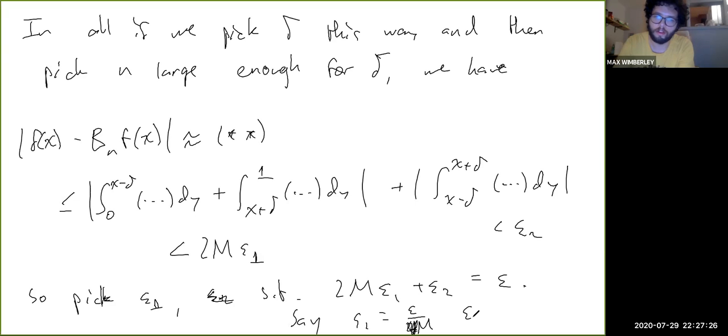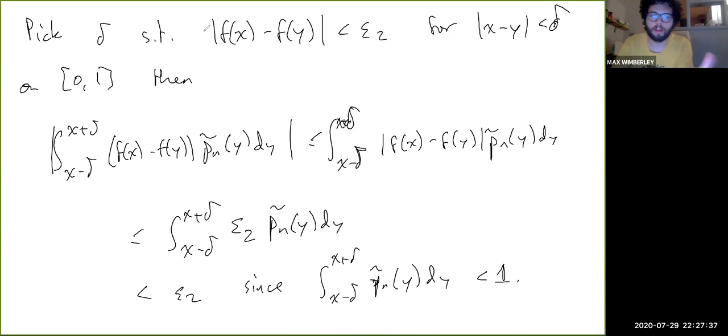And then epsilon 2 can be epsilon over 2. So given epsilon, pick delta such that the absolute value of f of x minus f of y is less than epsilon over 2, for absolute value of x minus y less than delta.